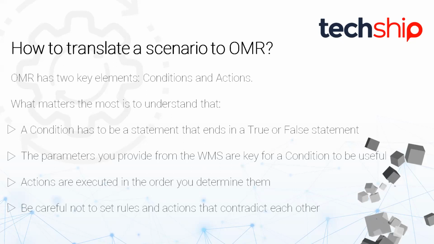result in a true or false statement, right? If you're doing a restriction over weight, it's either true or false. The shipment is over or not over 5 pounds, so it's 5 pounds or more, or less than 5 pounds, right? Or if you're going to be checking, for example, the instructions field, or the payment terms, it's either one thing or the other. So conditions need to be true or false statements at the end.